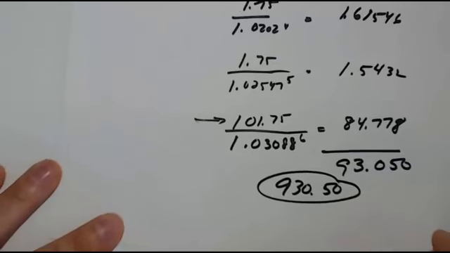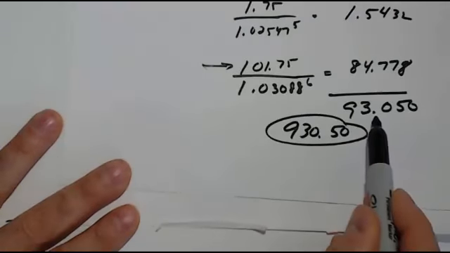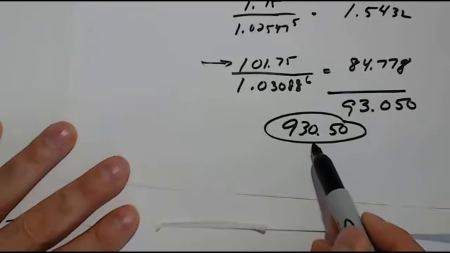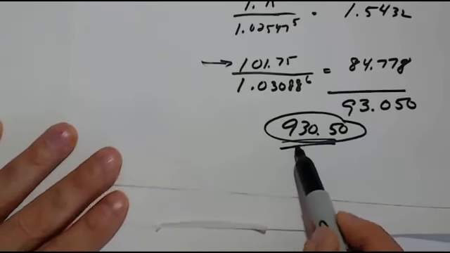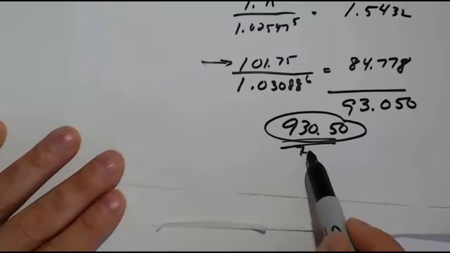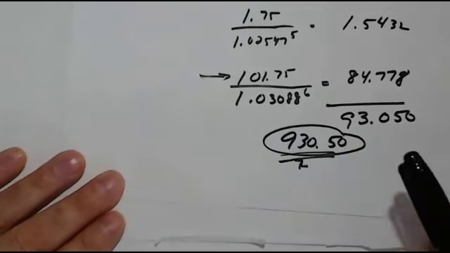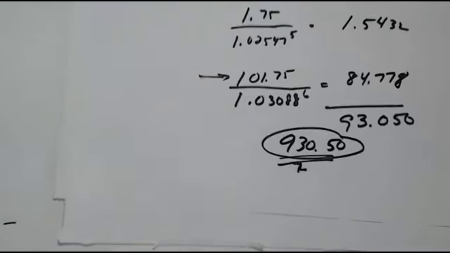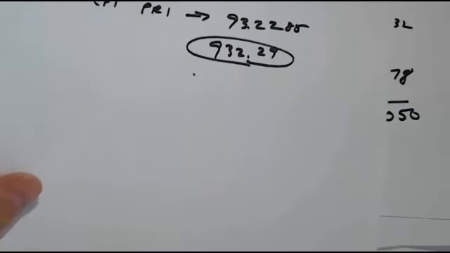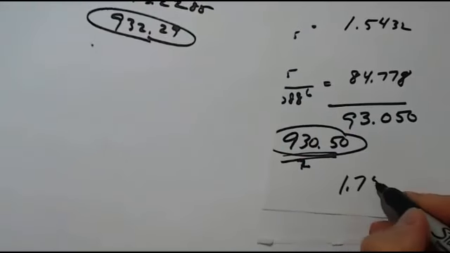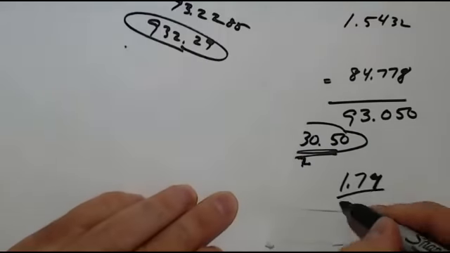So the value of this whole bond is $930.50, the actual value of the bond using theoretically correct valuation methods. The actual price of the bond that we had on the previous page was $932.29. And so we're off by about $1.79, which you think, okay, that's not so much.